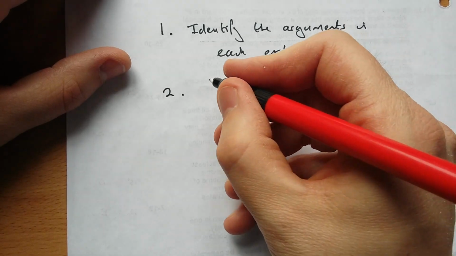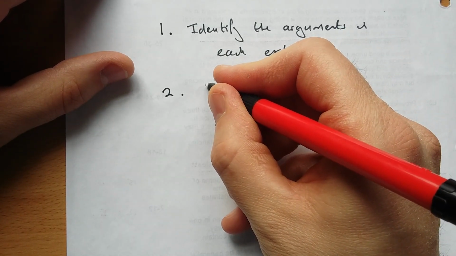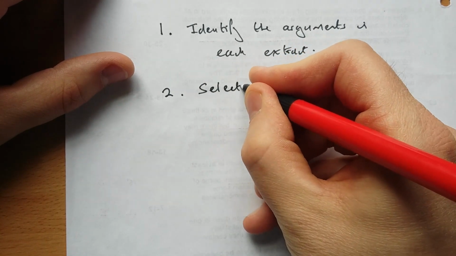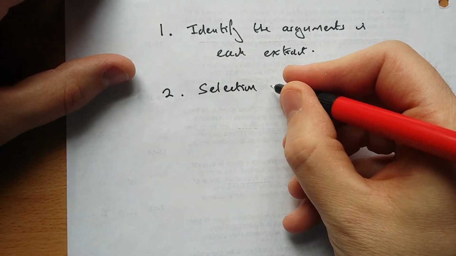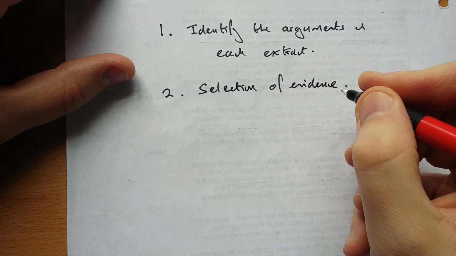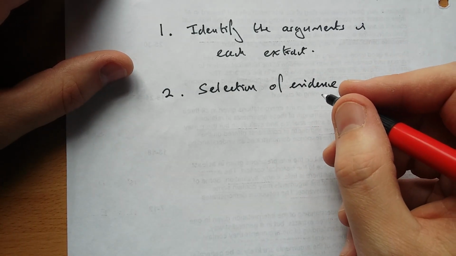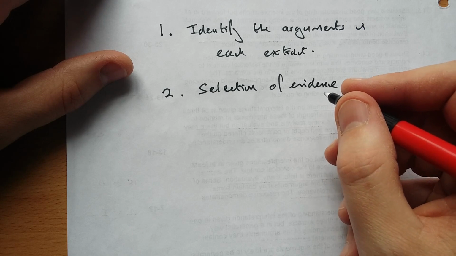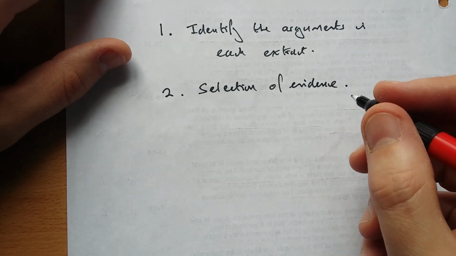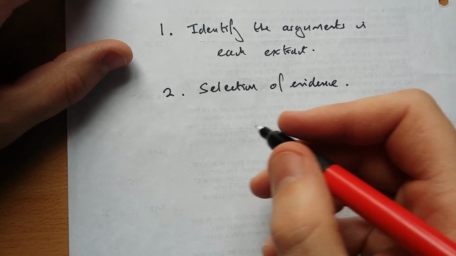Secondly, I'm then going to look at their selection of evidence from the extracts, the key quotes that they're using. That's key because you need to be able to discuss those key quotes to establish whether or not they're accurate or not, and so that analysis can take place.